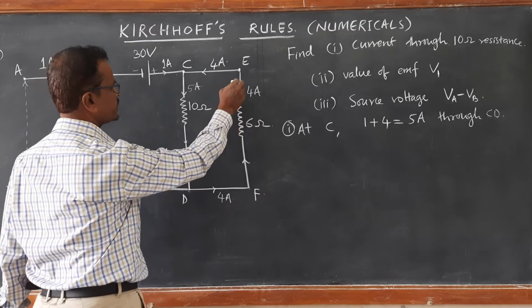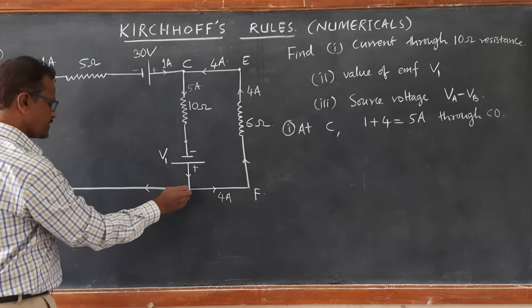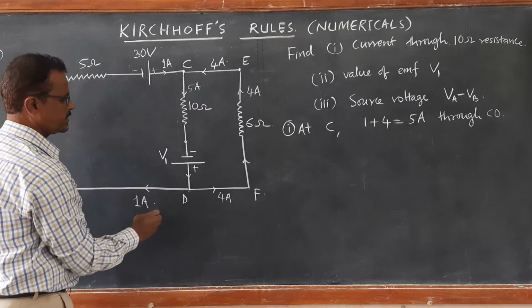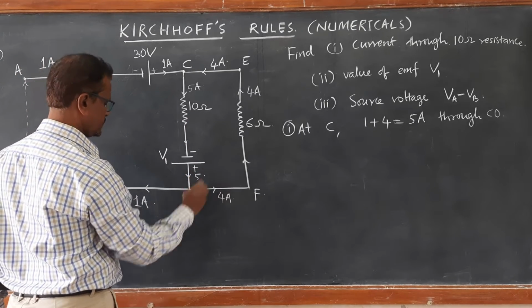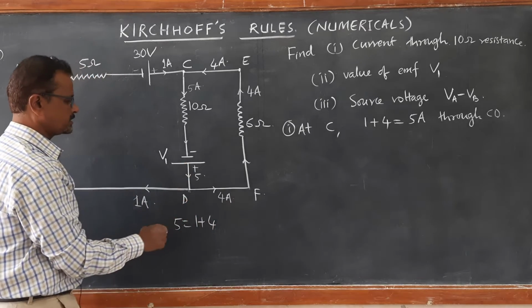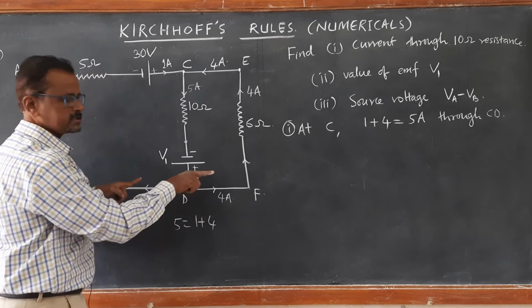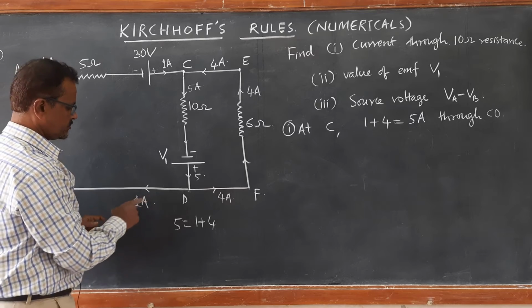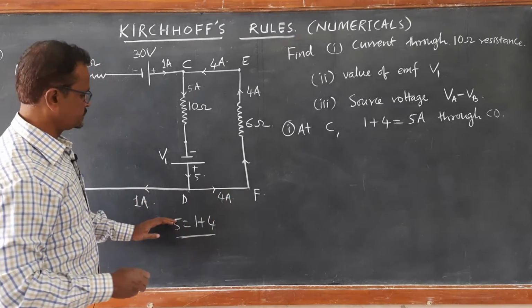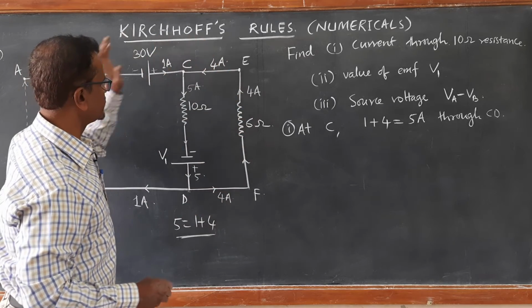Therefore, when 4 ampere of current goes, the current that is coming back from D to B will be 1 ampere. This is again 5 equal to 1 plus 4. Current entering is equal to currents leaving, according to KCL. So 4 ampere of current is flowing down here.